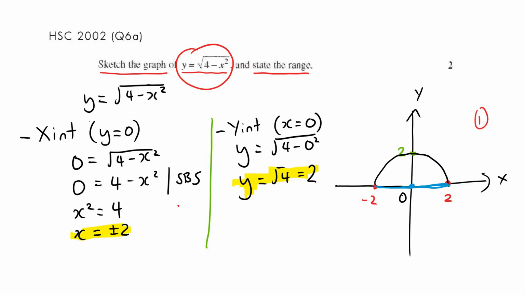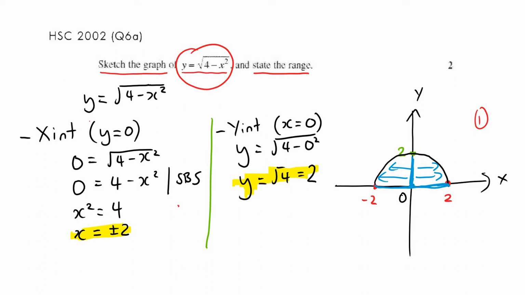I've got minus 2 and 2. And then I have more y values as I keep going upwards, right? So there's possible y values here, and so on and so forth. More y values. Okay. All these y values exist because if I put any x value into this function, I'm going to get a y value out.